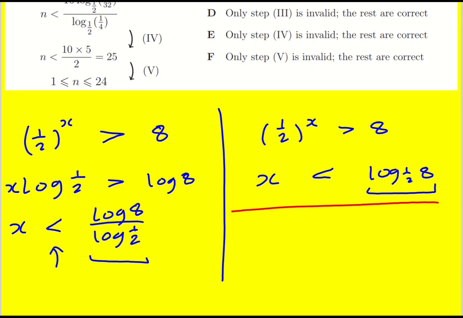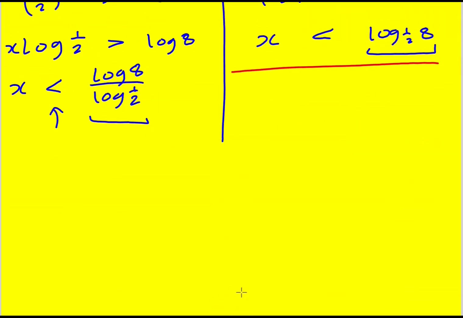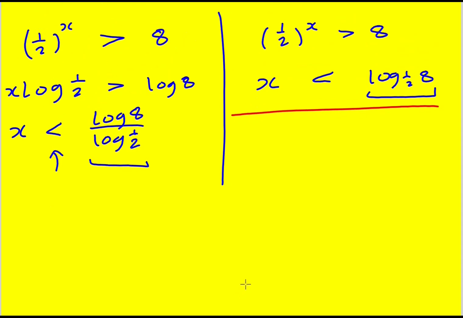The reason we don't have to swap the sign around straight away when it's log to base 10, and if this was a 3, we'd never end up swapping the sign around, is that log is an increasing function for bases that are greater than 1.